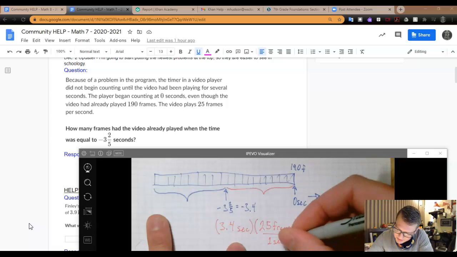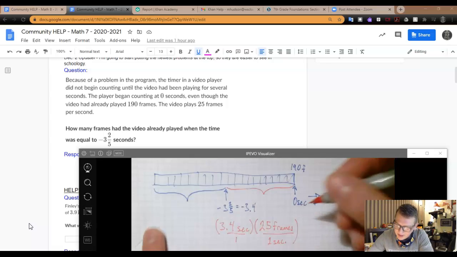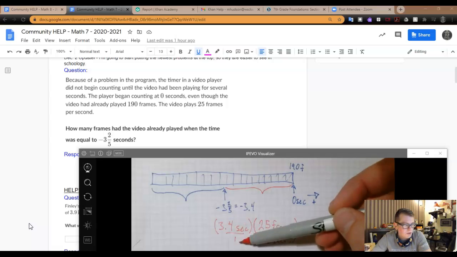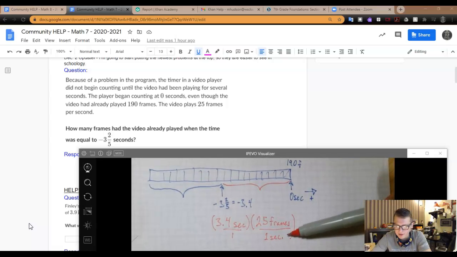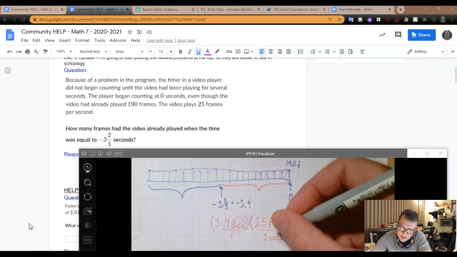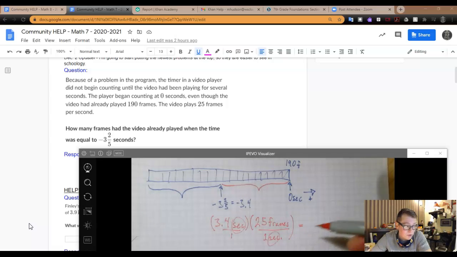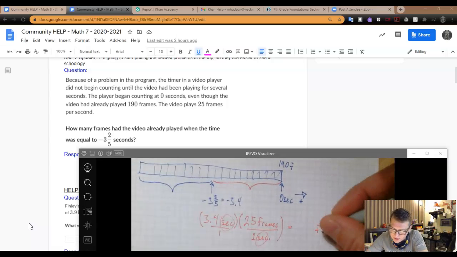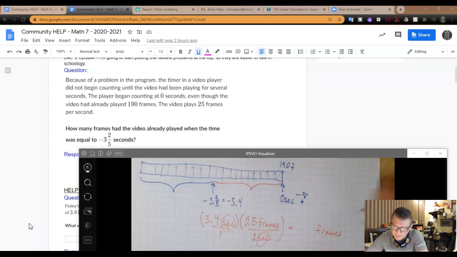What actually happens here is our units are going to cancel out, because if I put 3.4 seconds over 1 and 25 frames per second written in rate form, we're going to talk about rates in this coming chapter actually, then my seconds cancel out because seconds on top and seconds on bottom reduce out with each other, and then our answer just ends up in frames, which is what we want.